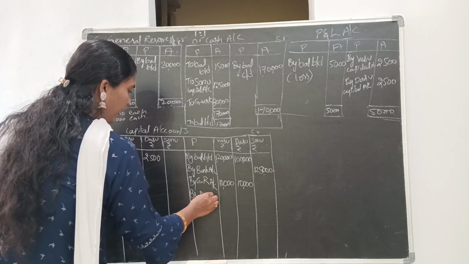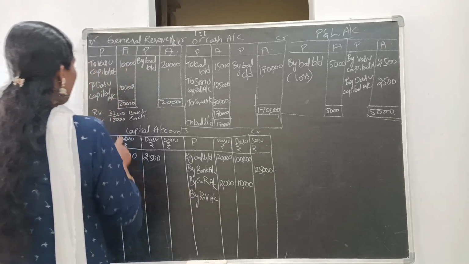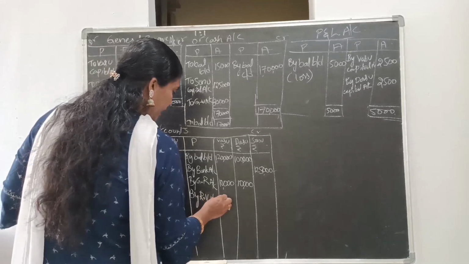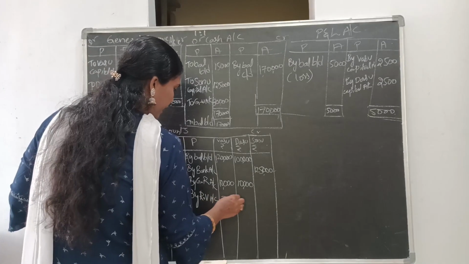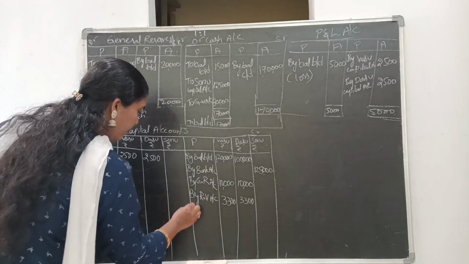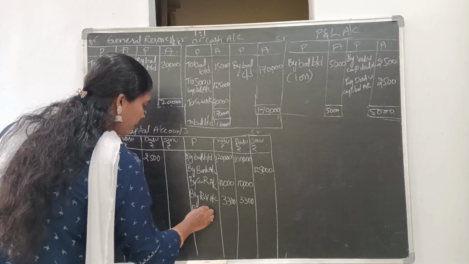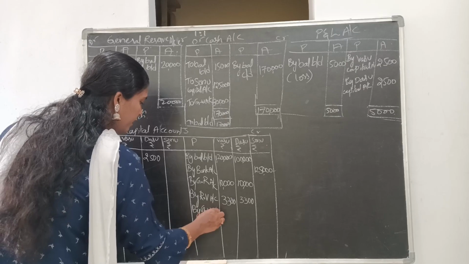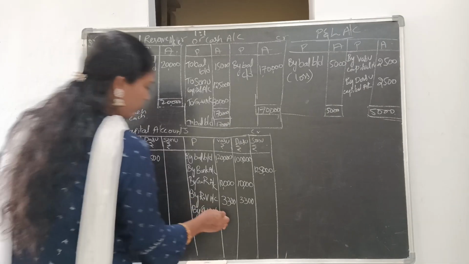By revaluation account, 3,300 each, and goodwill. Goodwill also we distributed among old partners, 15,000 each.